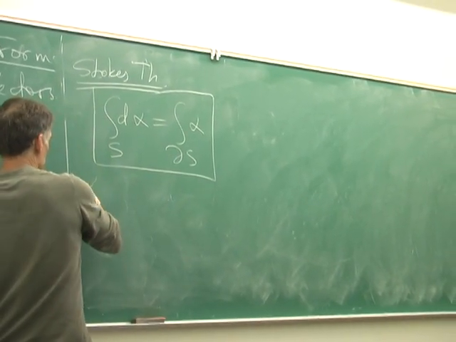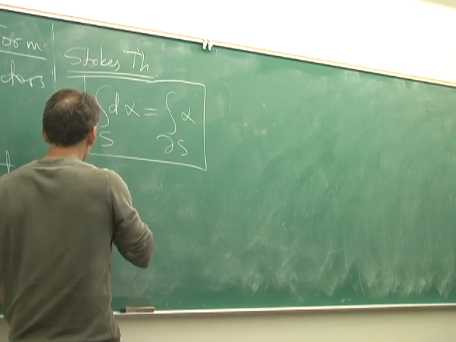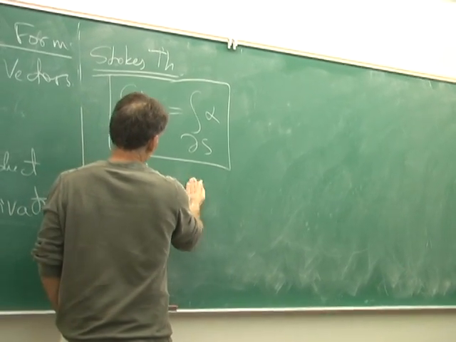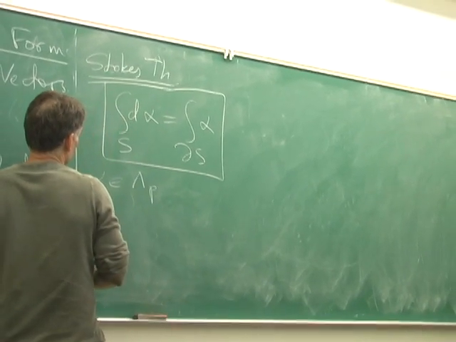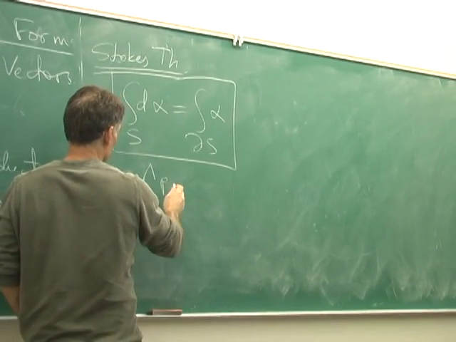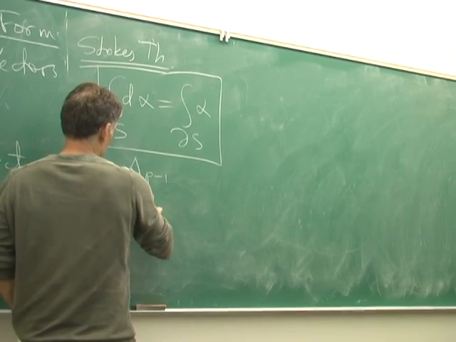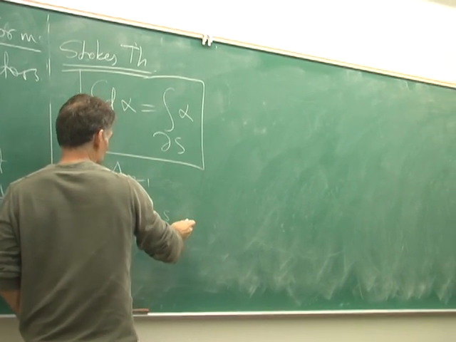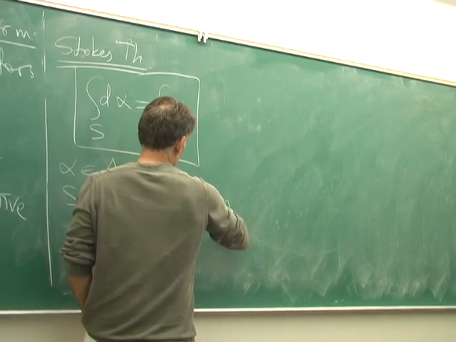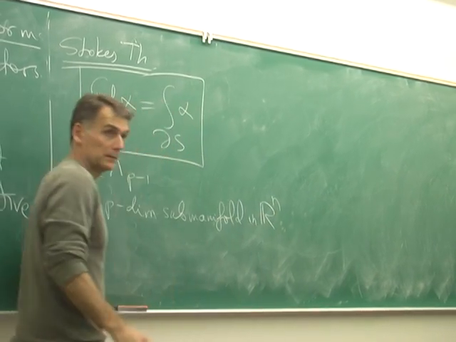So here, let's say alpha is a P form, and d alpha is, of course, a P plus 1 form, and S is a submanifold, for example, in Rn.